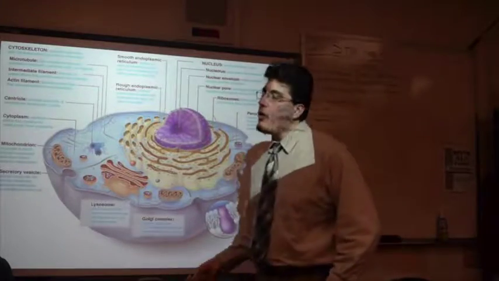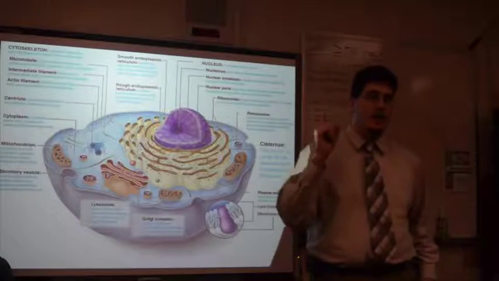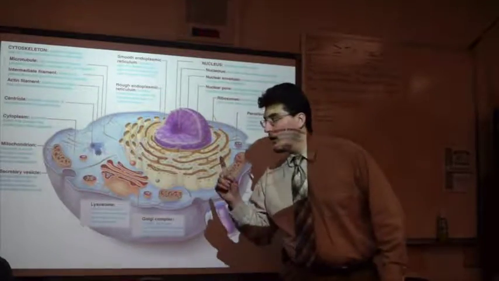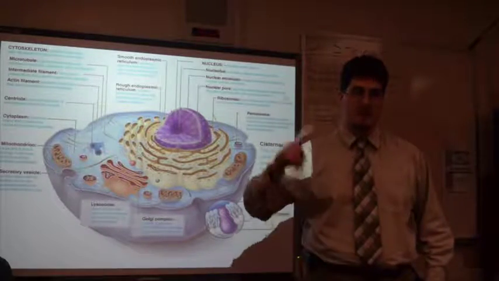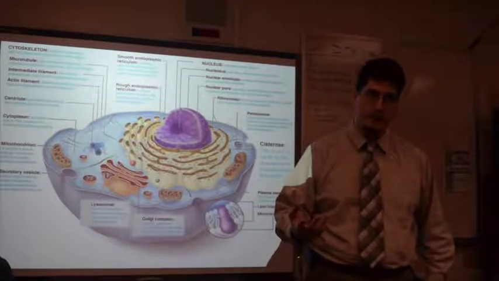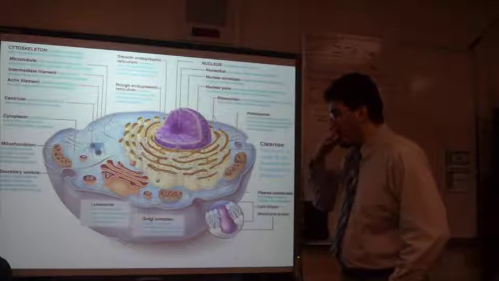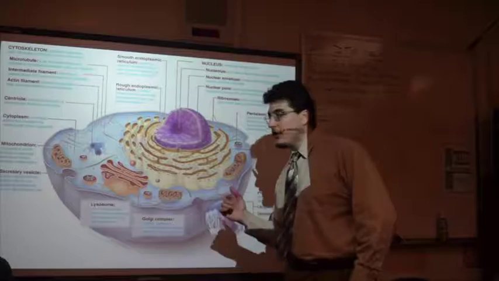The nuclear pore is the communication between the nucleus and the cytosol. Anything that needs to come in or out of the nucleus must go through the nuclear pore. It is a large structure. It goes through the nuclear envelope.